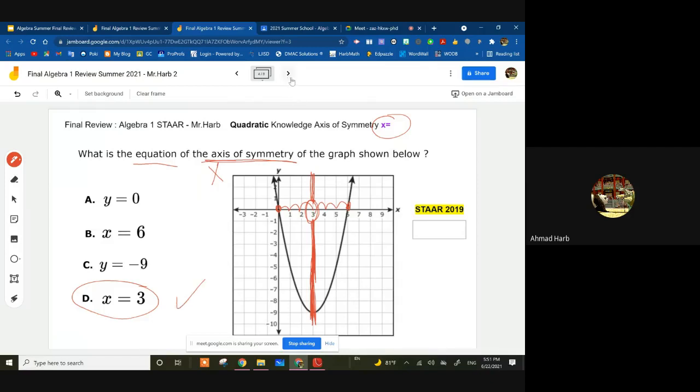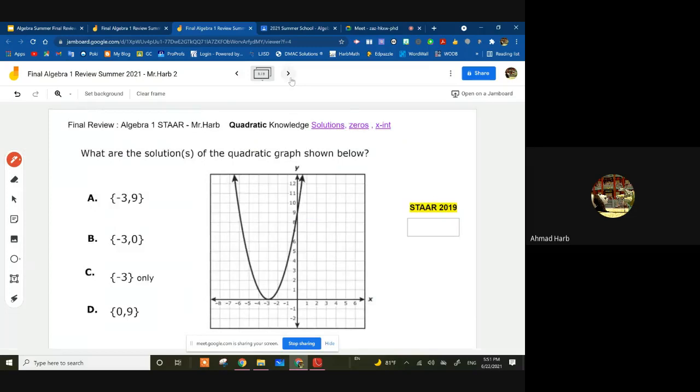The next question is also asking you about the solutions, zeros, or the x-intercept. These are words that are similar to the x-intercept. So you can say solutions, you can say zeros, it means the x-intercept. So where does the graph cross the x-axis? You're going to say, well, it's not even crossing, it's actually touching at -3 and it bounces back.